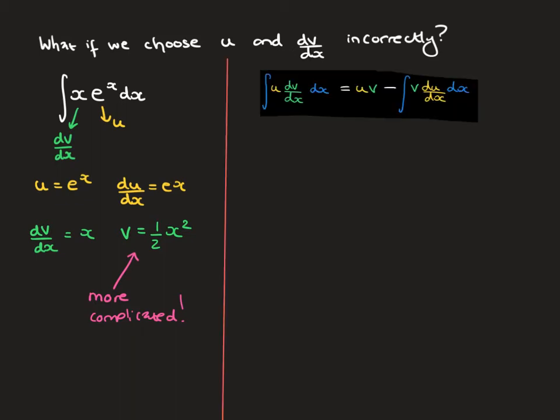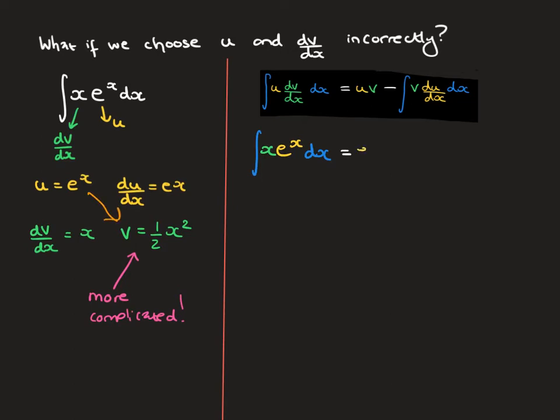So let's have a look at our integral. We've got the formula set up here. So we want the integral of u dv by dx, so that's e to the x and x as a product with respect to x. And this is now equal to uv, so that's these two multiplied together.